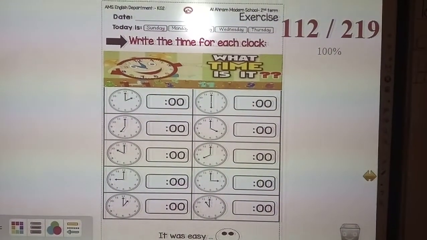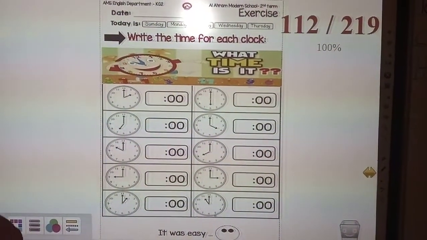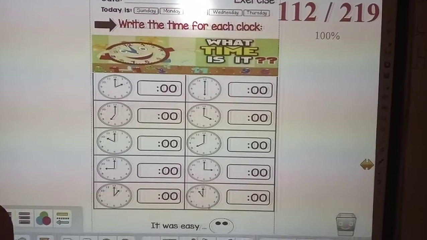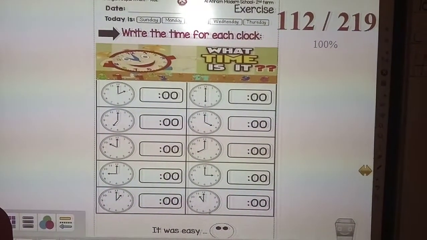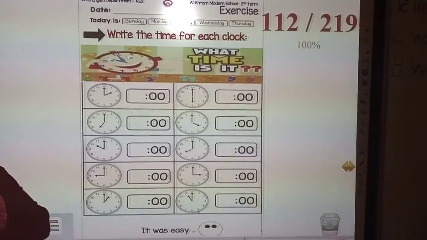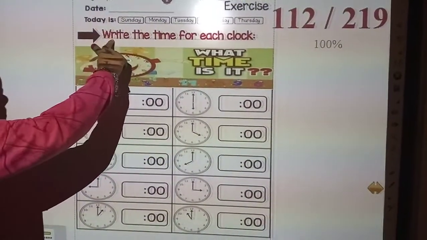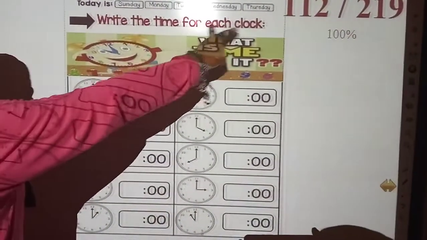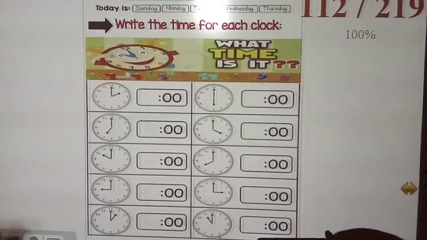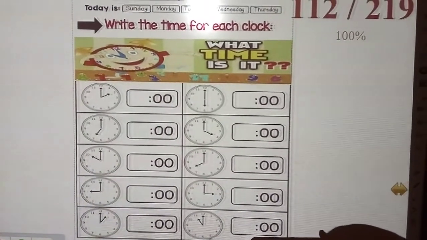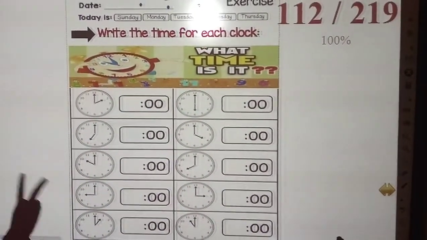Okay, let's start here with the first page. And what can you see? Yes, it's an analog clock. And we need to write the time for each clock. Number 1. Can you remember? We have 2 steps.